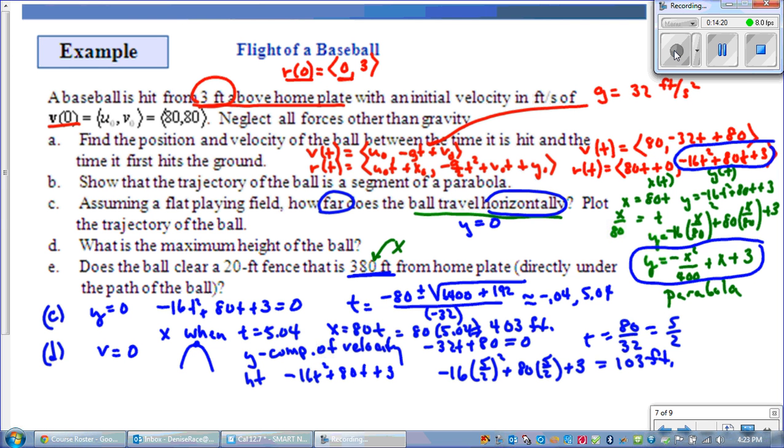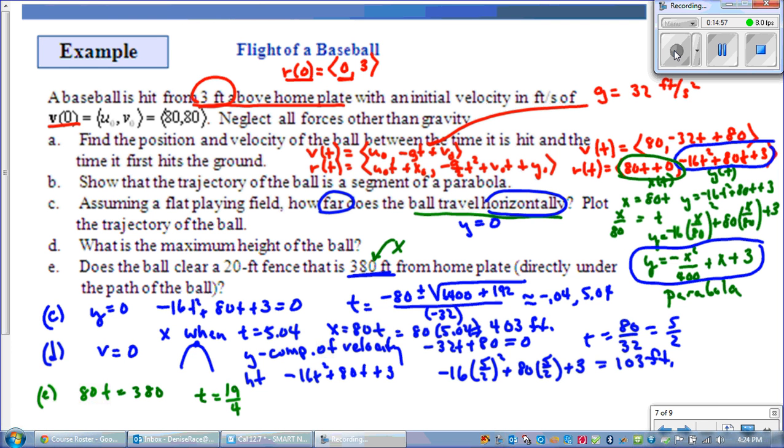So when the x value of our position function, 80t, will be 380, that means t is equal to 19 over 4. That's the point in time when the ball will be 380 feet out from home plate. So what we want to determine then is what is the height of the ball at that point. Now the height of the ball is the y value for our position function.